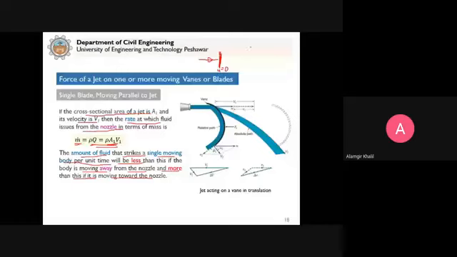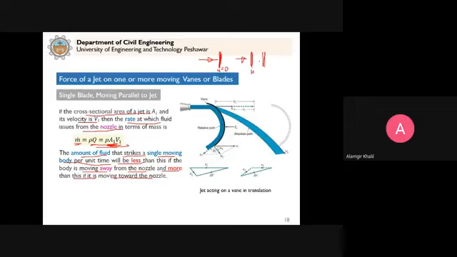But if the vane is moving, the fluid is coming with a mass flow rate this much, but the vane is in motion because it covers a distance. U is now here. In 1 second it covers this distance. Clear?